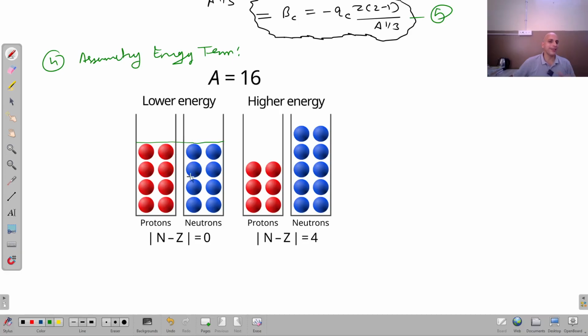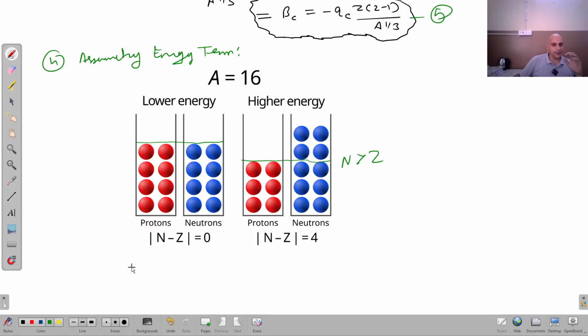We don't have excess neutrons. This is the case when N is greater than Z. You can see we have 4 excess neutrons. Now these excess neutrons are going to pose a big threat for the stability of a nucleus, and we have to also make the contribution of this asymmetry energy in the binding energy term.